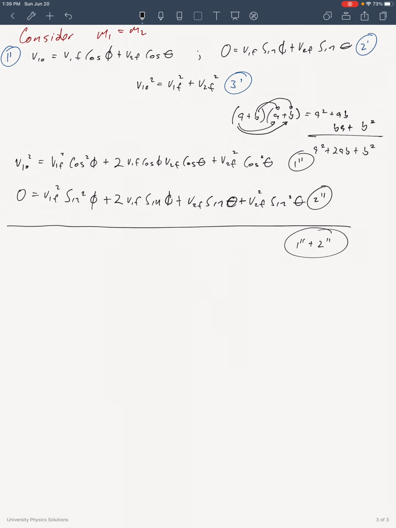Okay, so I add this b1 0 squared. I add these terms, b1 final squared times sine squared of phi times cosine squared of phi.